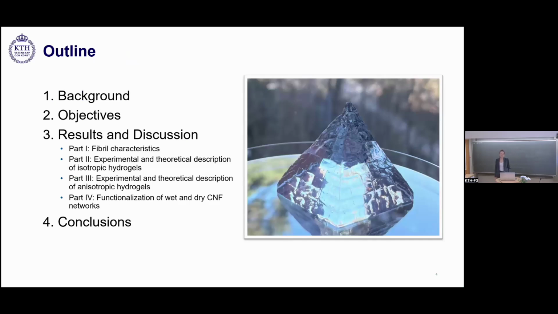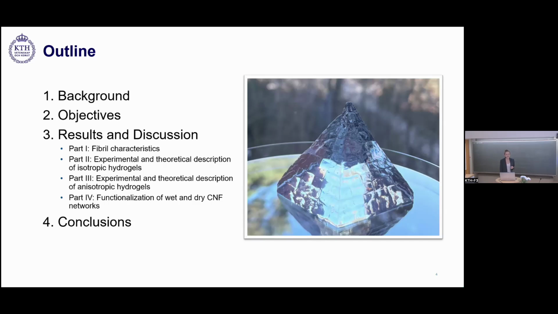And the outline of today's presentation is that I will go through some relevant background for this research topic, and then I will go through the objectives we have stated in this work before I move on to the result and the discussion part, which I have divided into 4 sections. And the first part will cover how the fibril characteristics influences the dispersion properties.